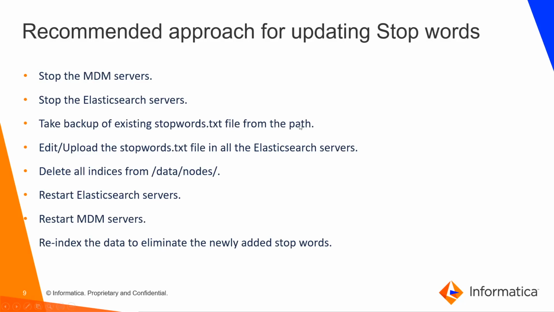For demonstration purpose, we had deleted the index for only the organization business entity by changing its searchable configuration. Since our default stop words file is common for all the indices, we need to delete all the indices by deleting the data nodes folder. We can recreate the indices by running the index job for each business entity.